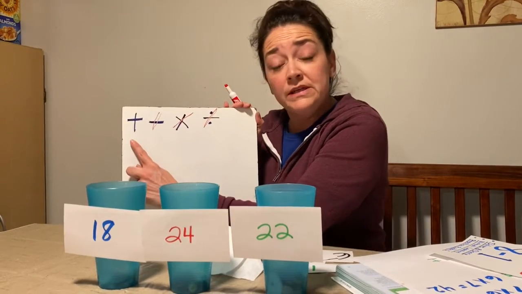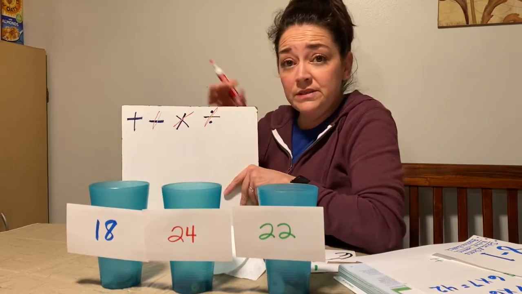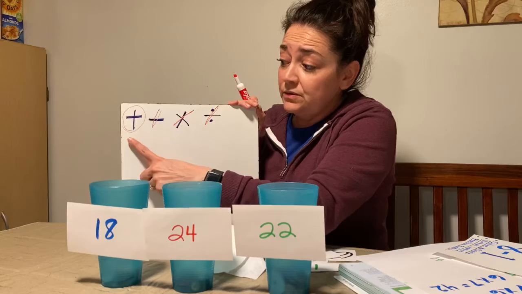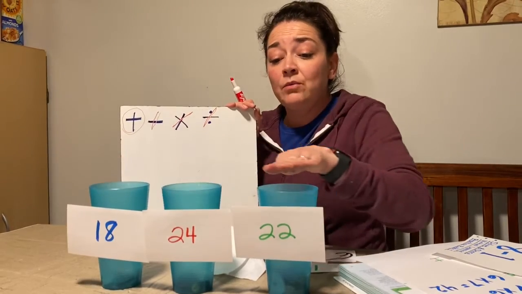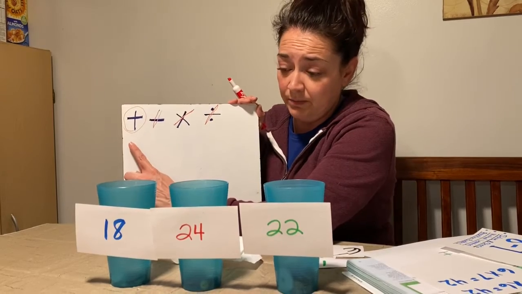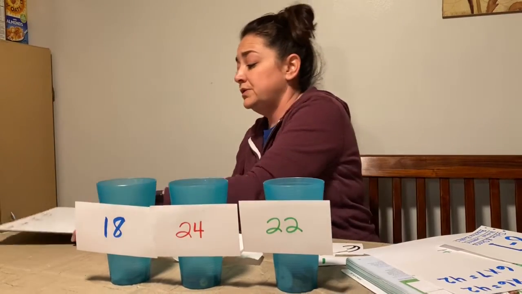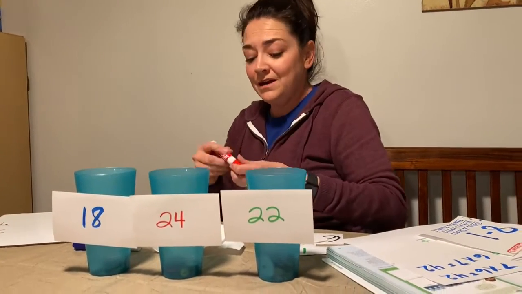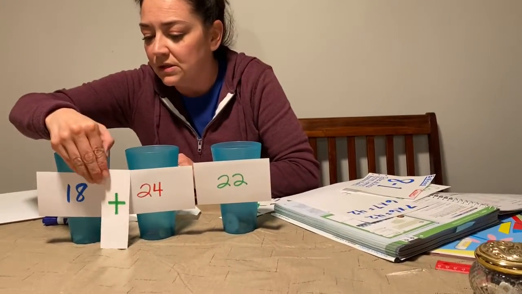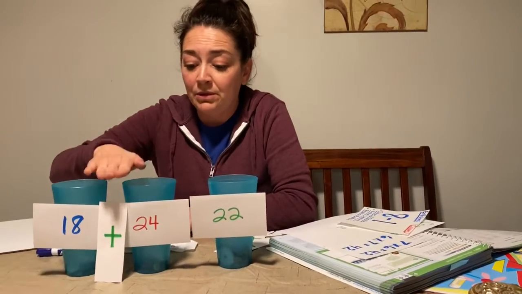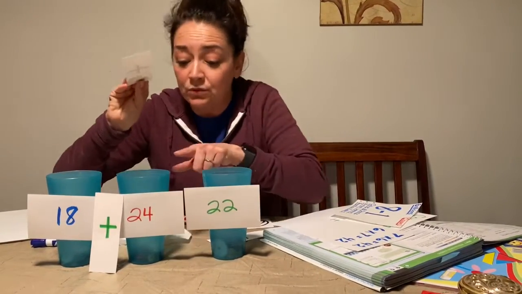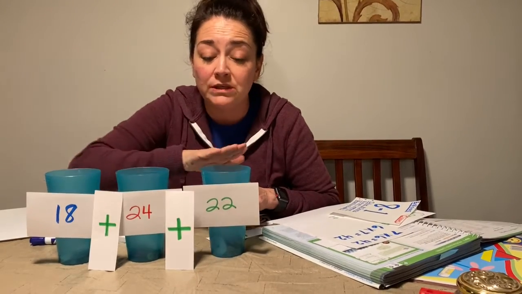So we're down to addition. Did you think it was addition right away? Well, good job if you did, because it's addition. When we're adding them all together to get the total sum, we're going to use addition as our operation, okay? So, with that in mind, I know my operation is going to be addition. So 18 buttons plus 24 buttons plus 22 buttons.